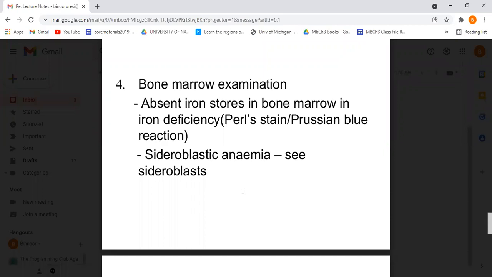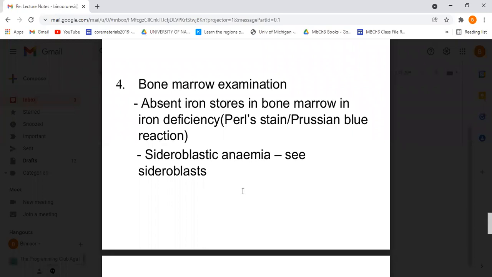In the bone marrow, we normally stain the marrow. So we collect the marrow, we spread it on the slide, then we stain it with a special stain called the Perls stain or the Prussian blue stain. And this one stains for the iron.